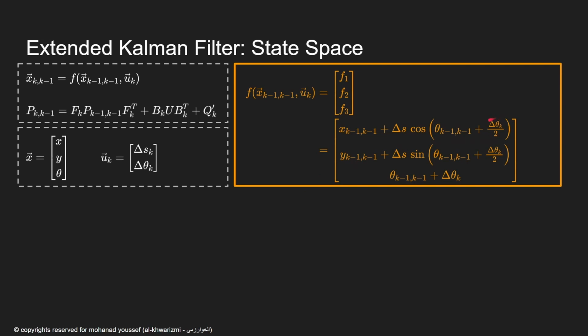Here you see that the delta theta and the delta S are from the u vector, the input vector. That's why I wrote that the prediction model is a function of the state vector from the previous cycle and the current input vector.